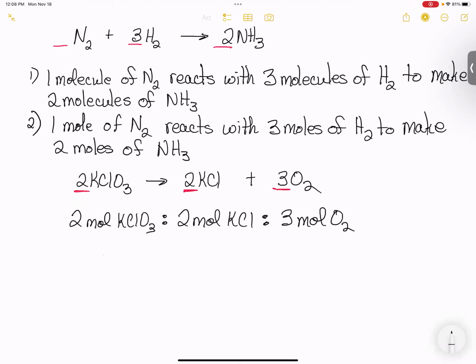Or in other words, I'm going to write it as a mole to mole ratio. Which we've used before.